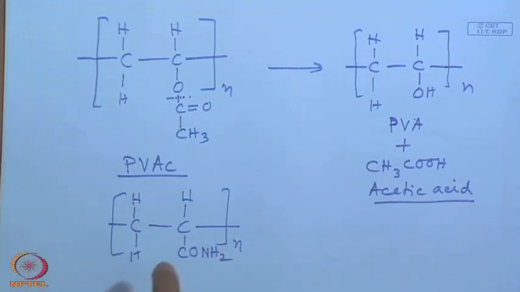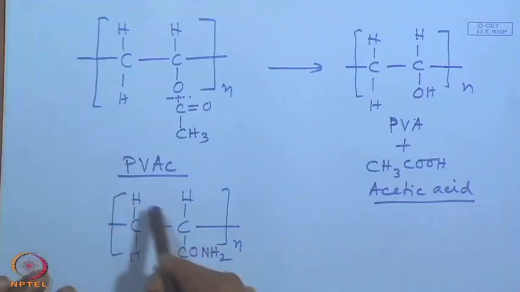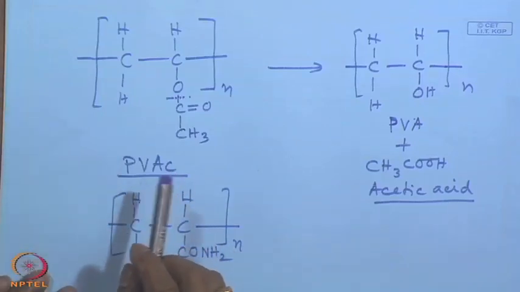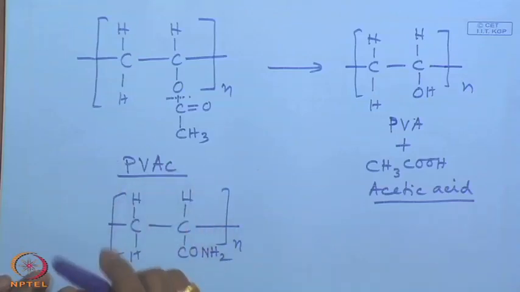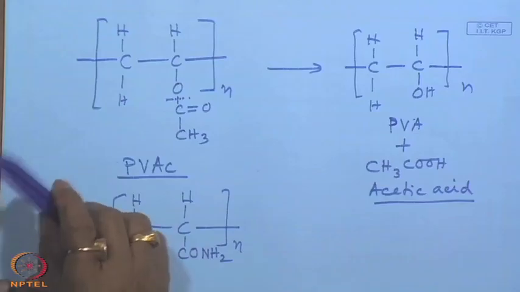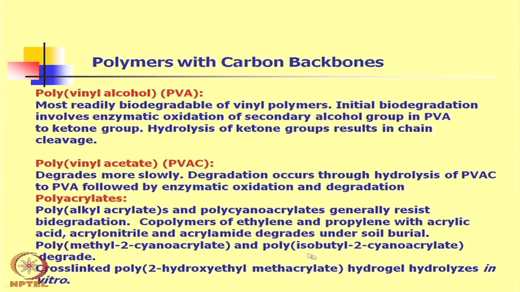This acrylamide monomer can be copolymerized with ethylene or other vinyl monomers, or we can have polyalkyl cyanoacrylates, say polyisobutyl cyanoacrylate, polymethyl cyanoacrylate. We can have polymers of, say, acrylic acid and acrylonitrile. So, these polymers degrade slowly by microorganisms or hydrolytic degradation.